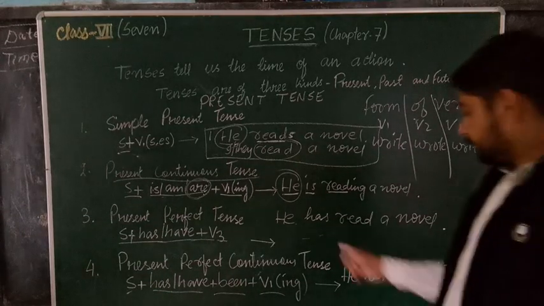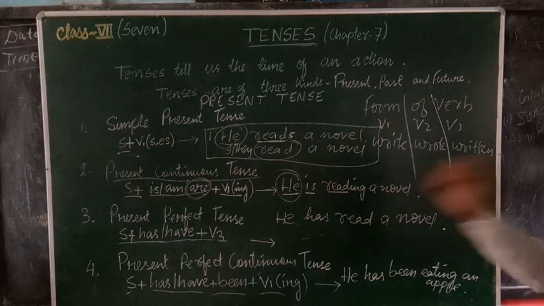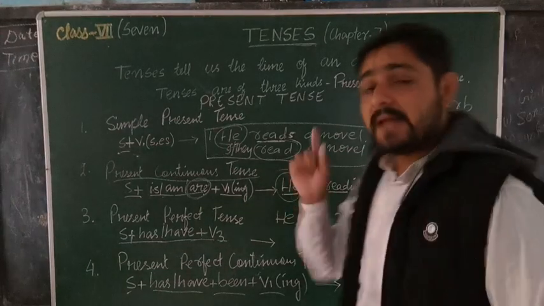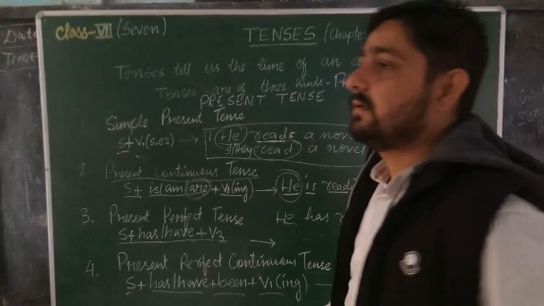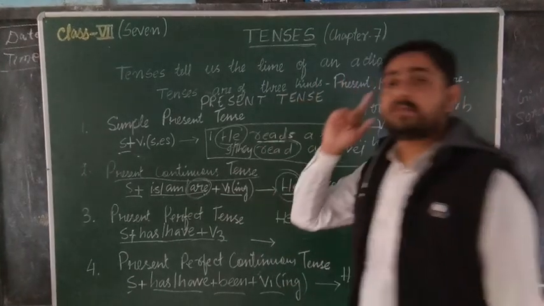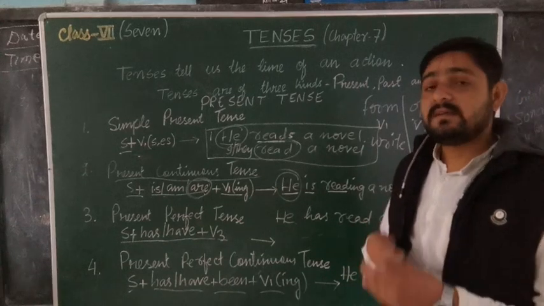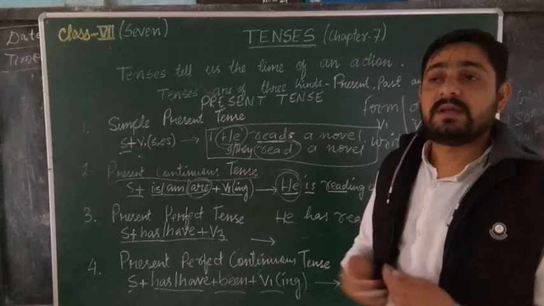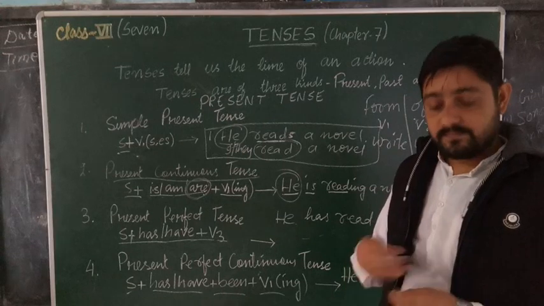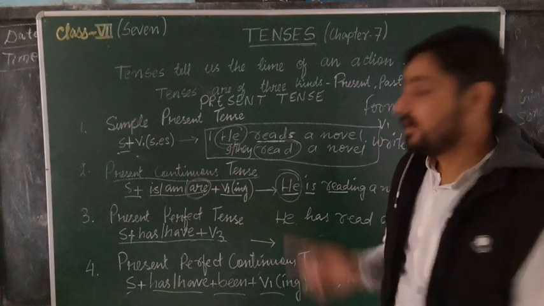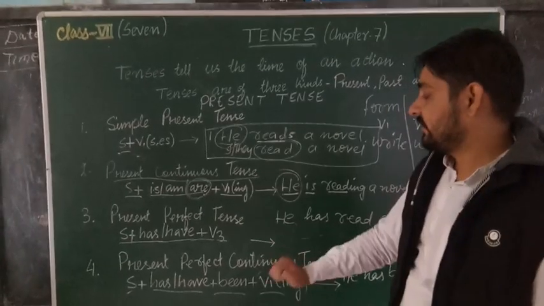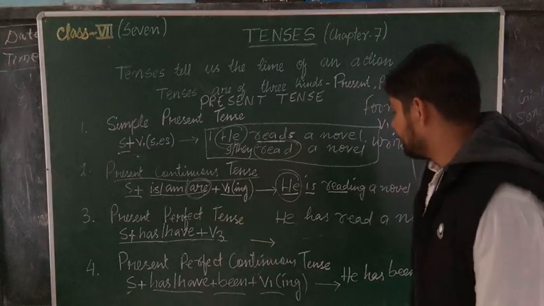So here, what I said in present perfect tense, the action that began in the past but is still going on, it is not finished, it continues in the present also. That action we can say is in the present perfect continuous tense.